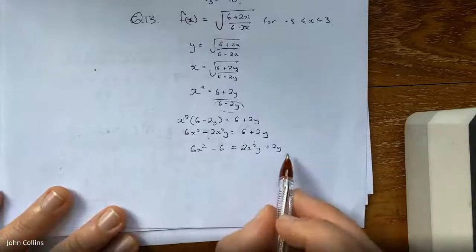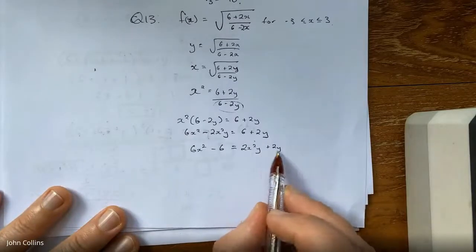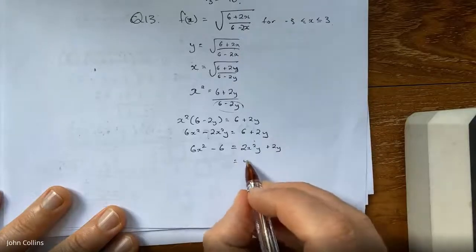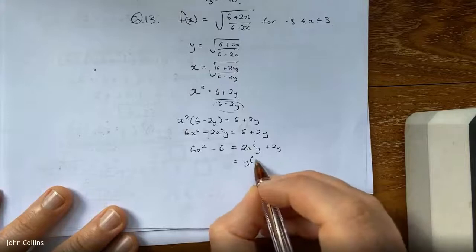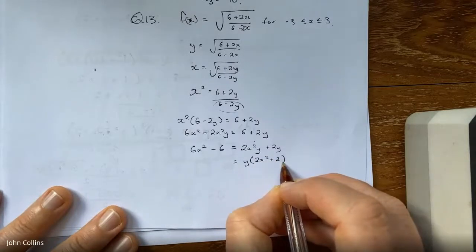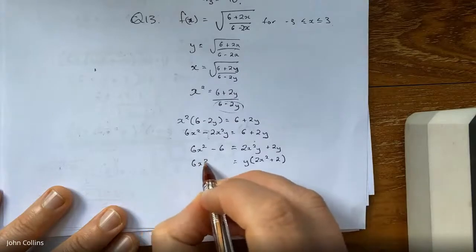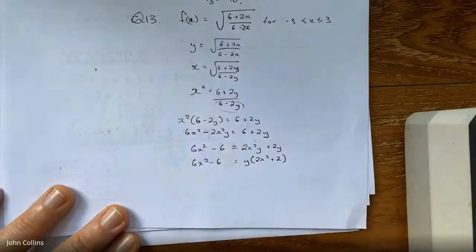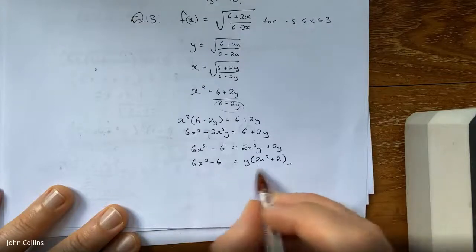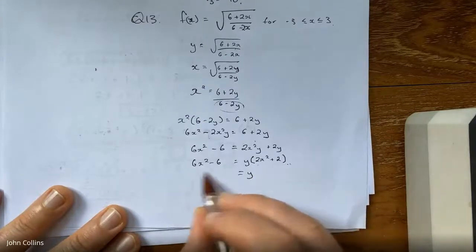Now, how do I get y isolated here? There's two of them. Factor it out. Yeah, I got to factor that out. If I factor it out, I reduce it down to only one y term. So that's 2x squared plus 2. And that's 6x squared minus 6 still. So how do I get the y on its own? I divide this side by 2x squared plus 2, and divide this side by it.